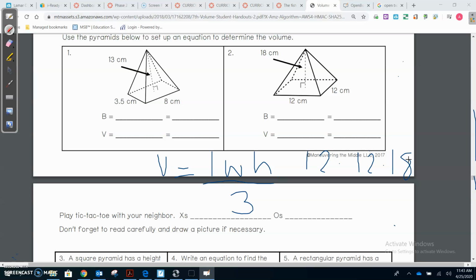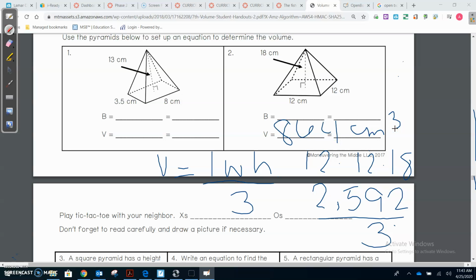So let's go ahead and put that into our calculators. We have 12 times 12 times 18, and that's giving us a big number. It's 2,592. Now we have to divide it by 3. When we do that, we get 864, and it's centimeters cubed.